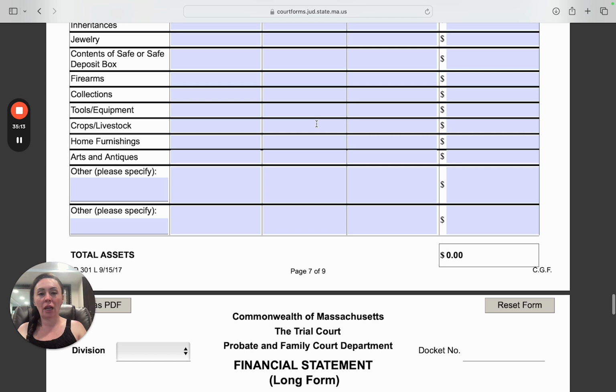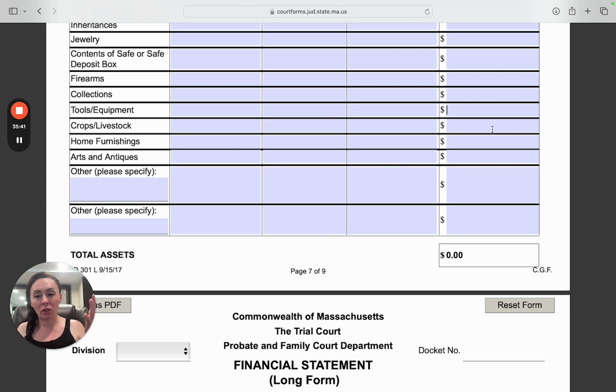Just make sure if you have firearms and you're going to list maybe $10,000 in guns, have a list of what you have in terms of firearms. Maybe you have a really rare antique shotgun that's worth a lot of money, whereas it's not like a whole collection of other things. Make sure that you have a handle on what we're talking about. Same thing with tools, equipment.